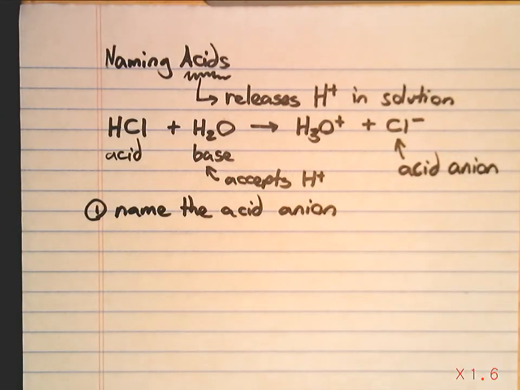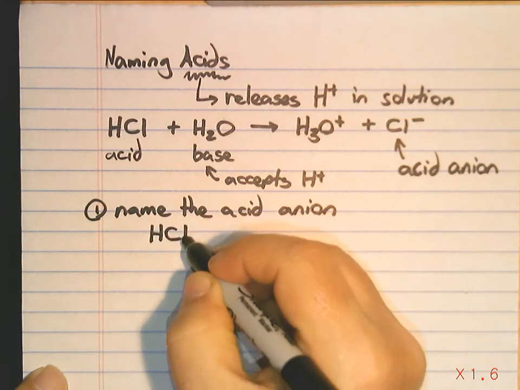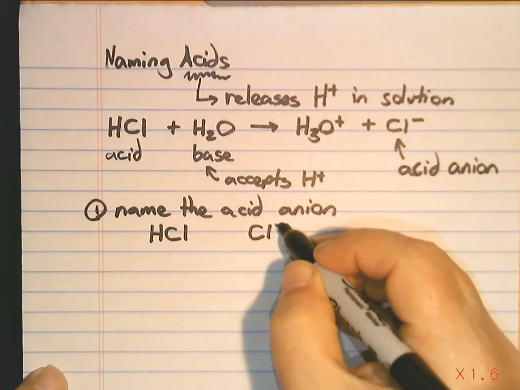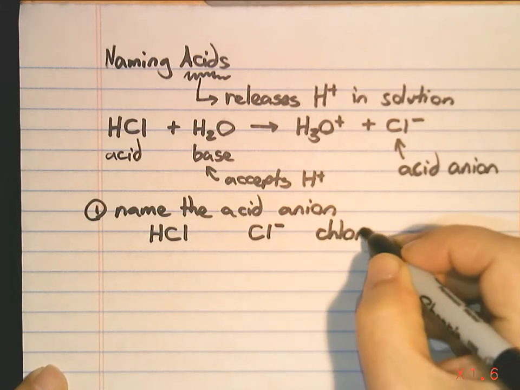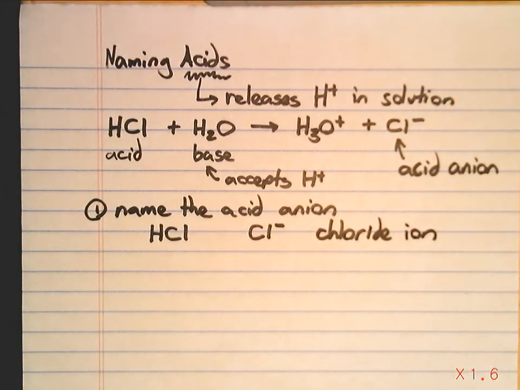And let's do this for a couple of acids. If I have HCl, the acid anion is Cl-, which is the chloride ion. So you can already name these ions. We've done this already in previous videos.